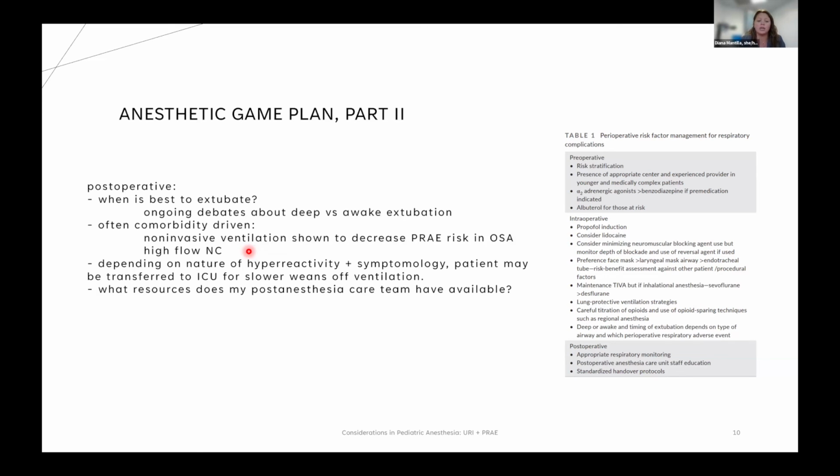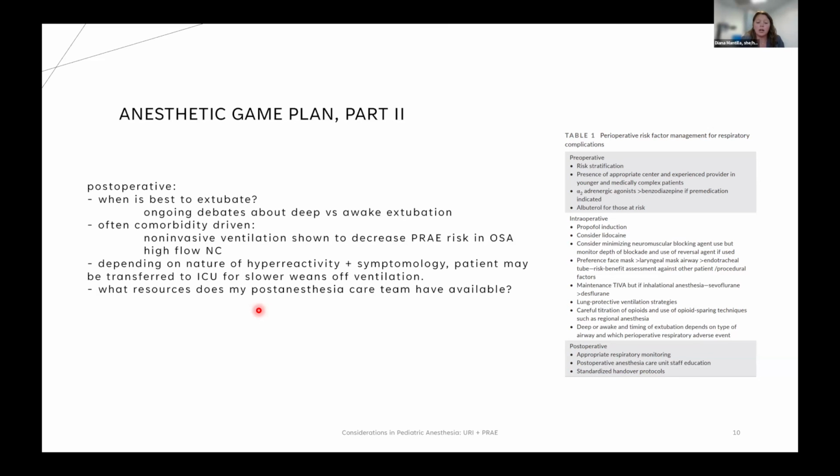It's all kind of depending on what their baseline of hyperreactivity was based on their symptomology, and knowing that they still can be transferred to the ICU for slower means of ventilation, weaning off the ventilation. Ideally, we don't want a kid to stay on ventilation, but sometimes that does happen. And the pediatric anesthesiologists that I know usually counsel their patients very well on if that might be a concern.